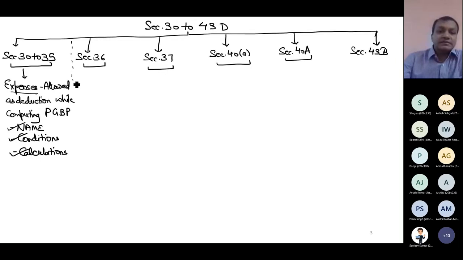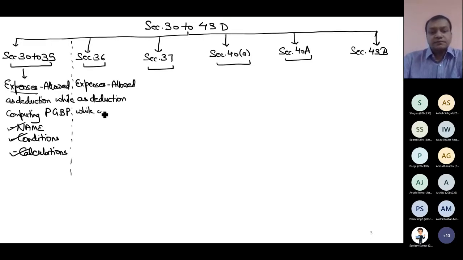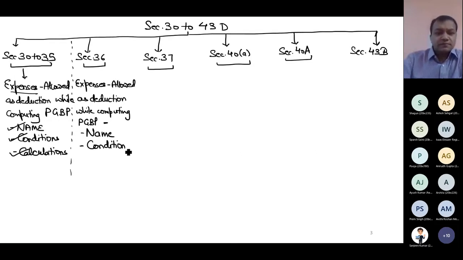Then section 36. This section also contains expenses which are allowed as deduction while computing PGBP. And these section expenses also have their own name, own conditions, but less calculation as compared to the previous category.